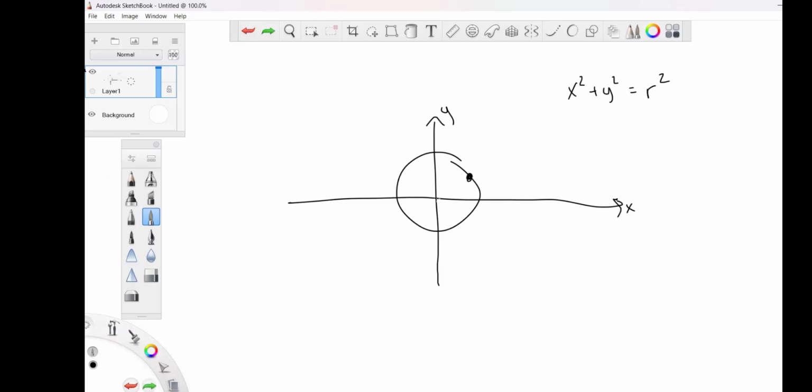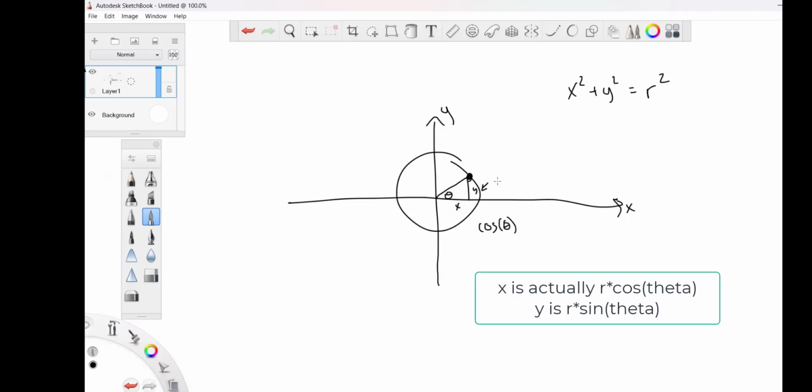And our coordinates, very similar, and in fact, part of the formula for spherical is what our x and y are going to be. So if this is our little angle theta, x is cosine of theta, and y is sine of theta. And that is just right up in the direction of our axes, which are perpendicular to each other.